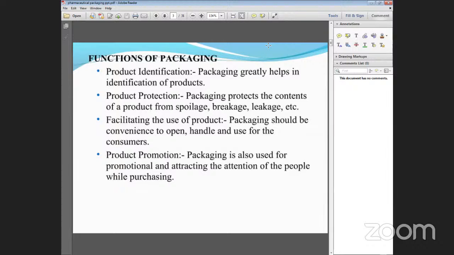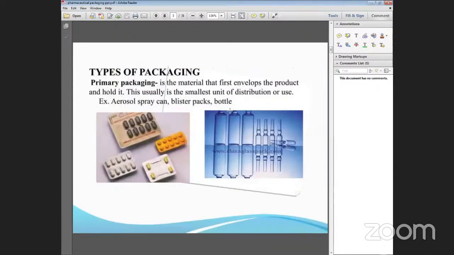We should use that type of packaging systems or packaging materials that will attract people more to purchase. That means coloring, writing style, images, this matters for product promotion. Here you can see there are types of packaging system.